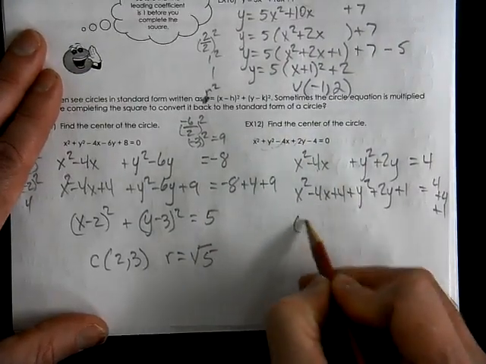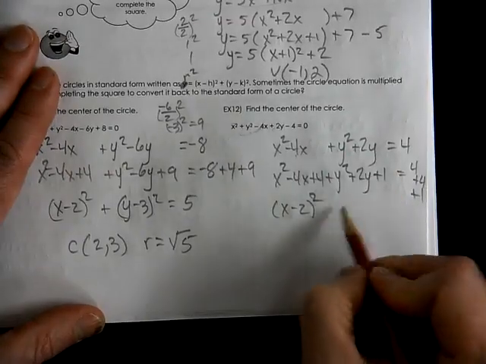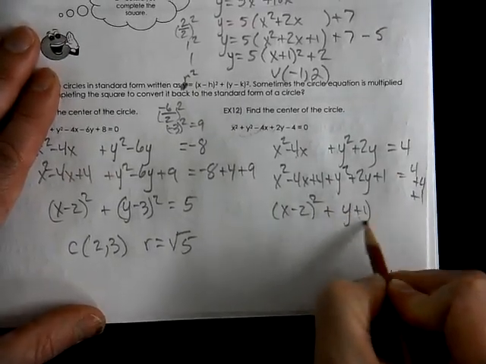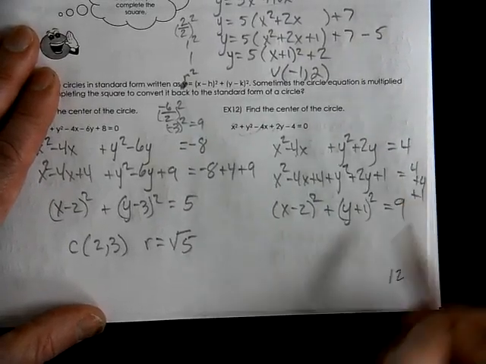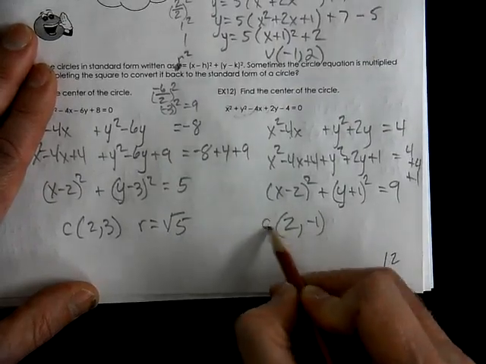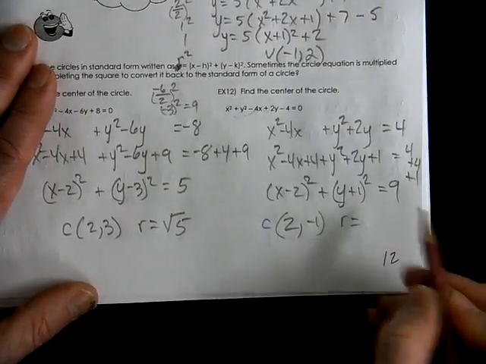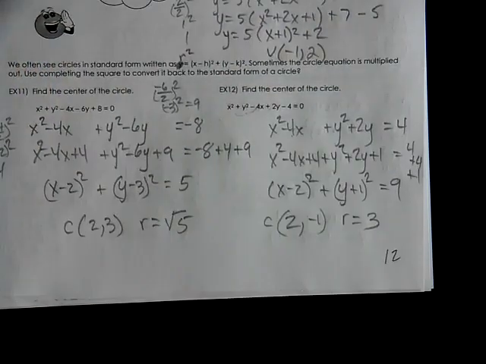We put the 4 there so we could write it as a perfect square. We put the 1 there so we could write it as a perfect square. 4, 4, and 1 is 9. So I have my center at 2, negative 1. And I have my radius as the square root of 9. We only want the positive version because it's geometry and we're talking about the length. So that's a positive value of 3.